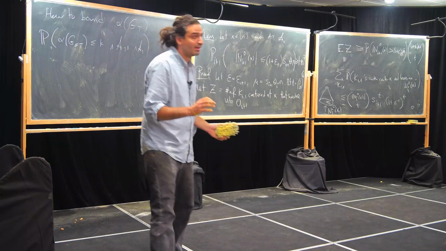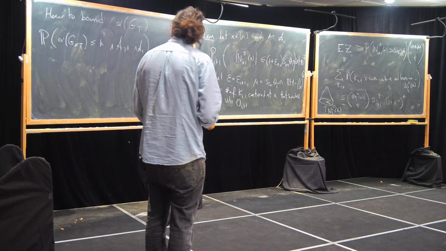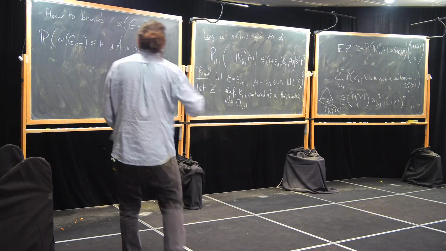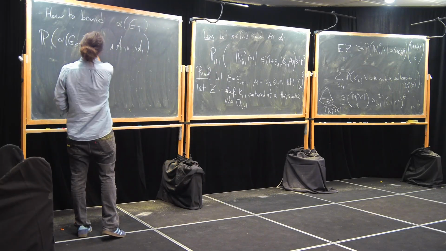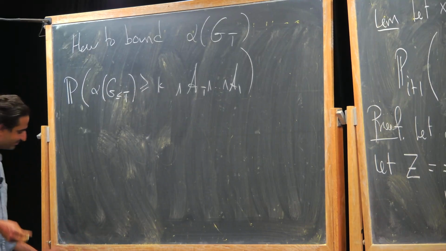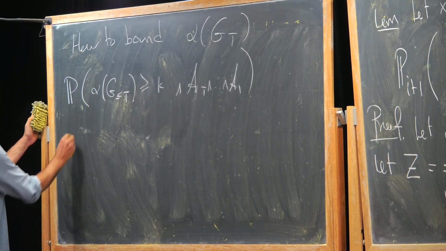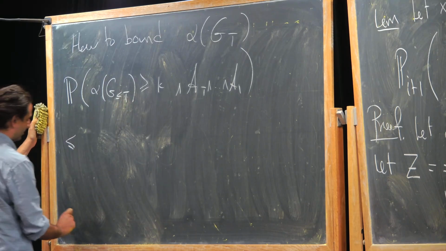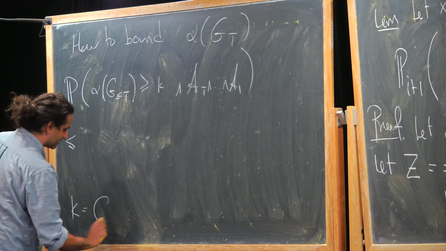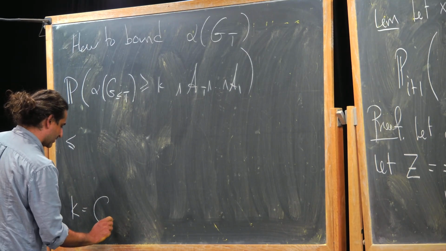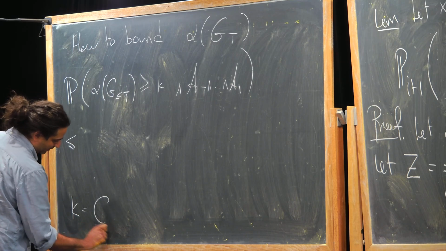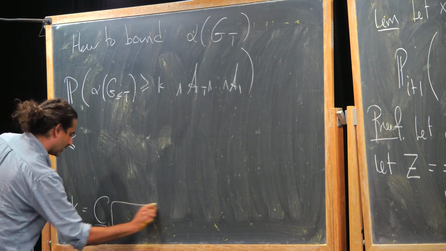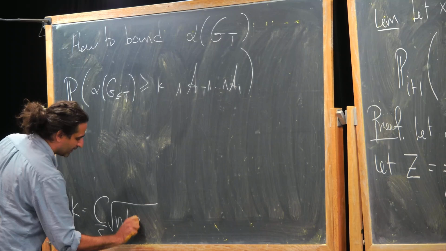Right, and I should probably remind you what k is. K is going to be a large constant, which will actually depend on delta. I might as well put delta in there. Times root n log n.